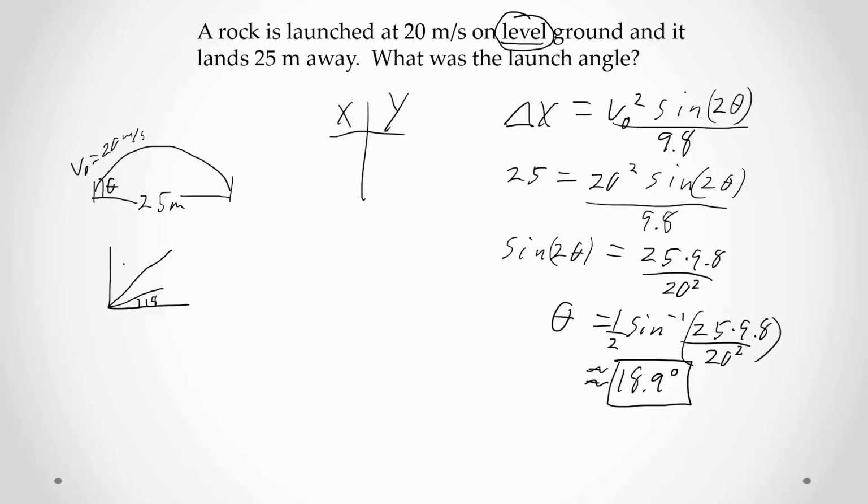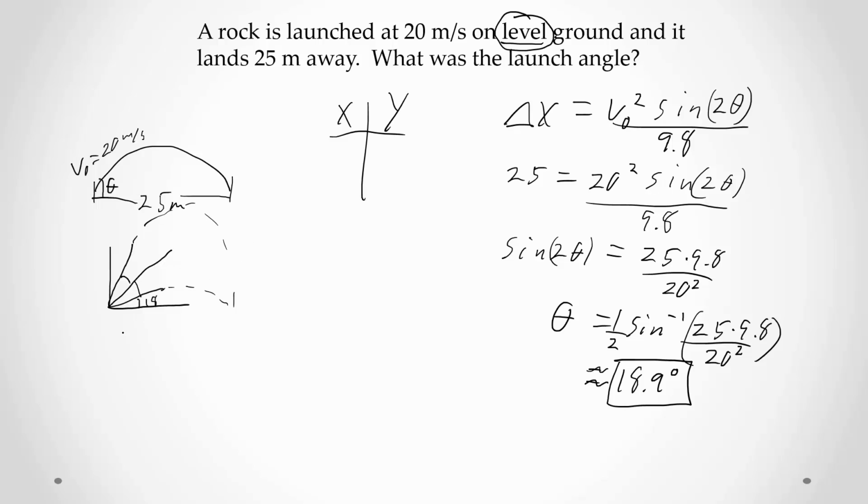Okay, this is my 45 degree line. So another angle that is an equal distance, not 18 degrees above, because this wasn't 18 from 45, it was 18 from the horizontal. So these angles here, if they're equal, will also give us the same range.